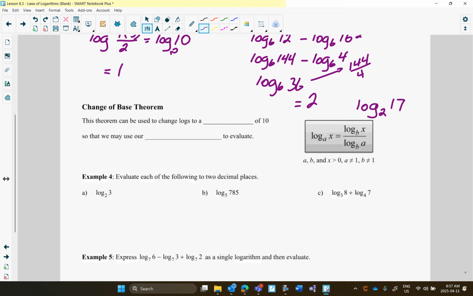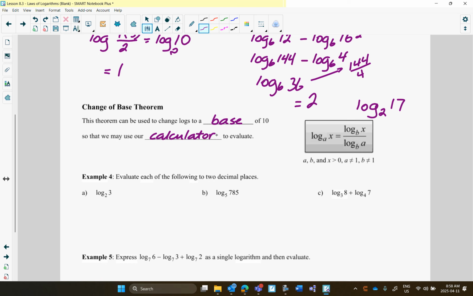Each of you has a button on your calculator that says log. Because it says just log, it's assuming log base 10. To find these ones using a calculator, we can use what's called the change of base. We can use this theorem to change logs to a base of 10 so that we can use our calculator to evaluate.